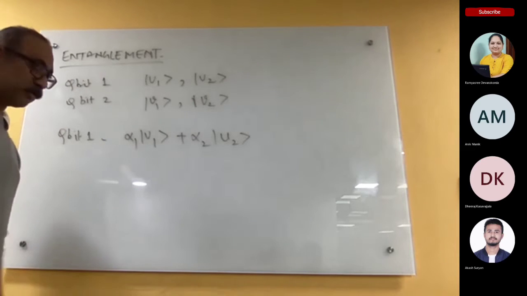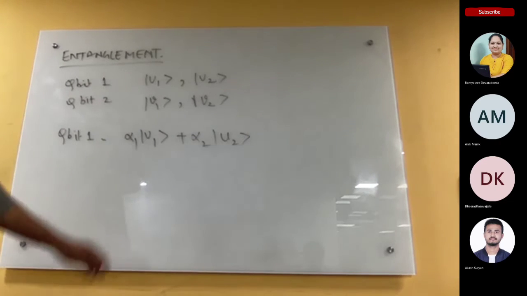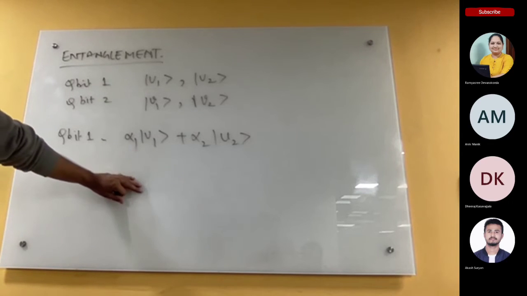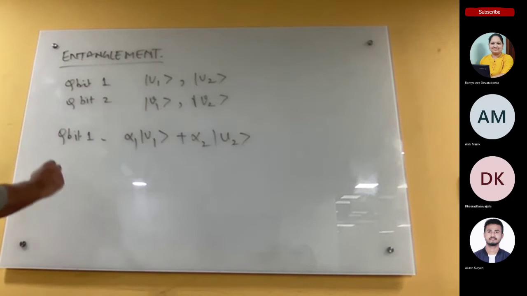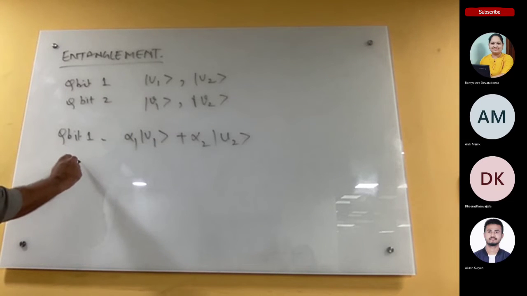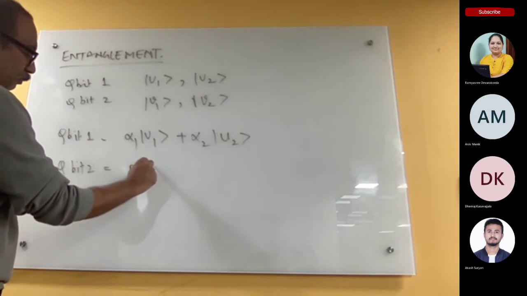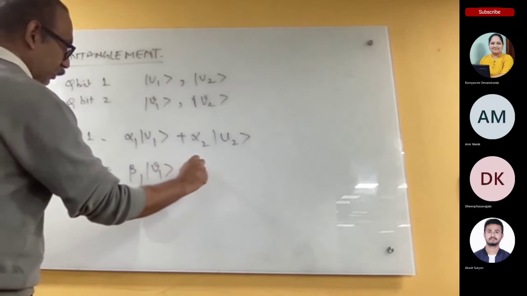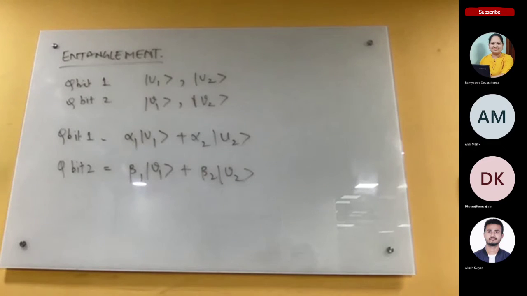The probability is proportional to the modulus squared of alpha 1 and alpha 2. And similarly, qubit 2 is beta 1 V1 plus beta 2 V2, some state like this.